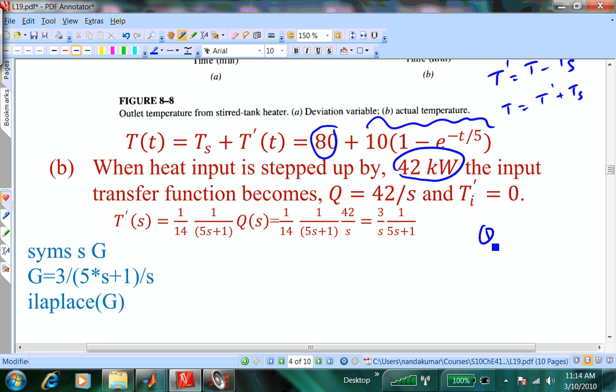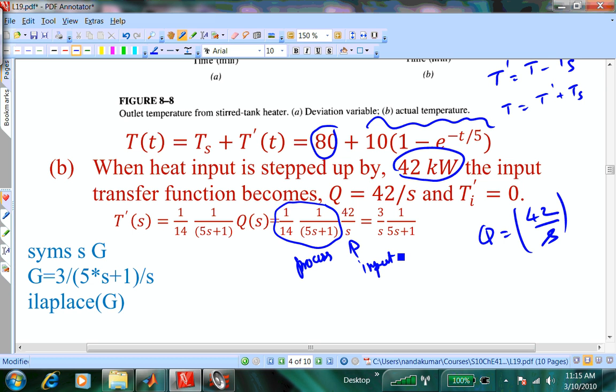So the transfer function for Q is 42 divided by s in terms of the deviation variable. 42 is the addition from the steady state value. That becomes your transfer function for the input. The transfer function for the process itself is 1 over 14 times 1 over 5s plus 1. This is the process, and this is the input.